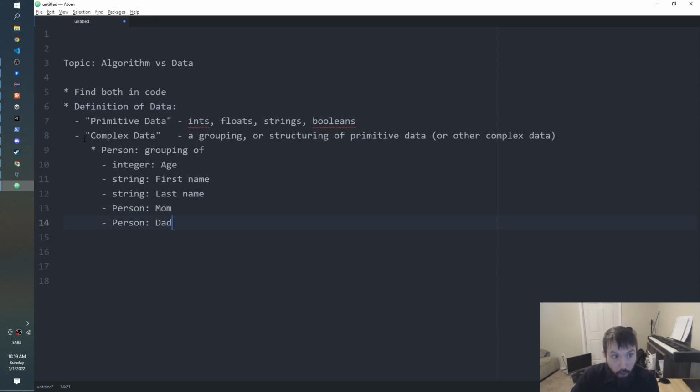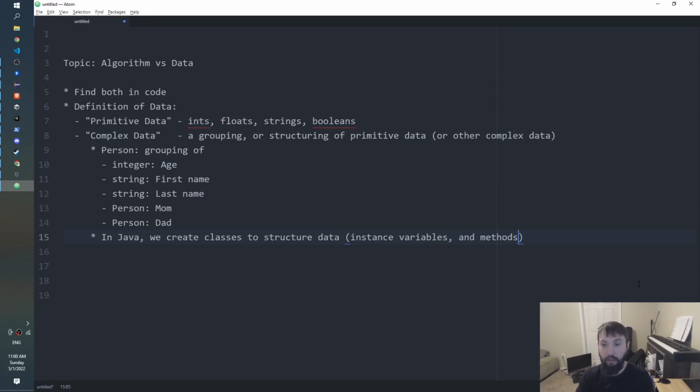But I will note that in Java, we define complex data by defining some class. So I'll just say in Java, we create classes to structure data. And those classes will have instance variables. And of course, in Java, we have methods.